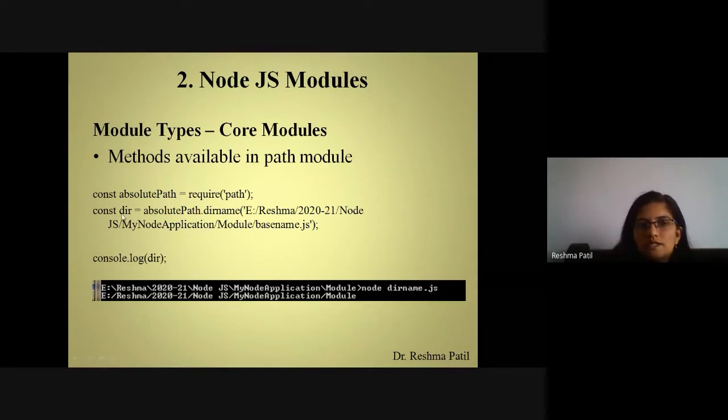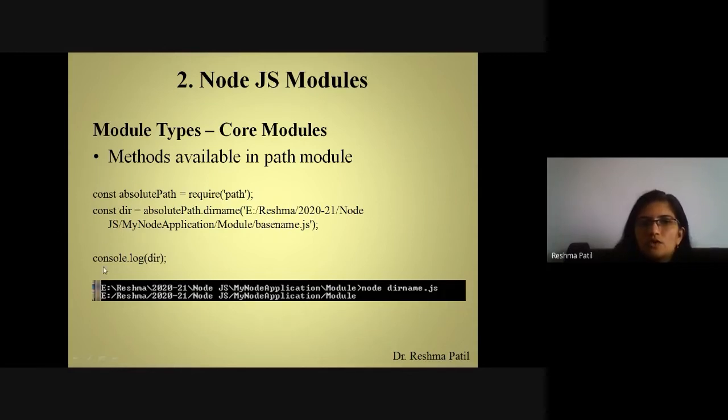Then const directory is equal to the absolute path, where we have stored the required path. So we can use directory name on this absolute path, and in the brackets you have passed the path name. The whole complete path is given here.